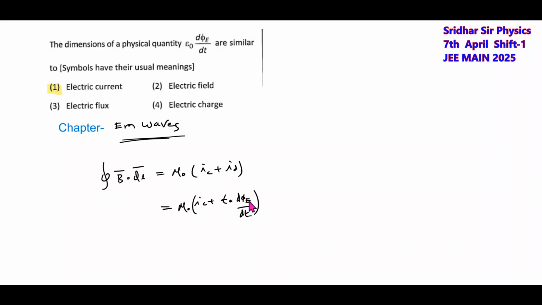From the principle of homogeneity, the units of this should be the unit of the other, so this will have the unit of electric current. This is called conduction current. This is displacement current.